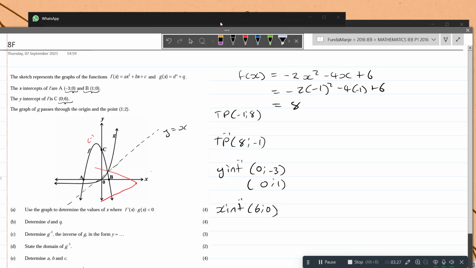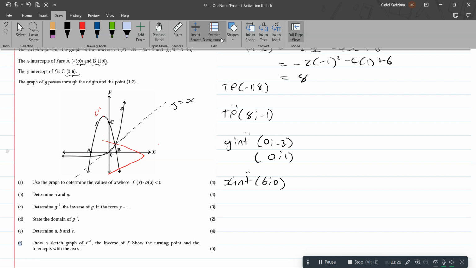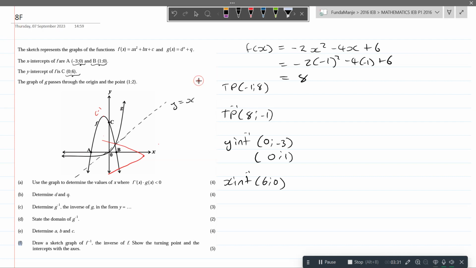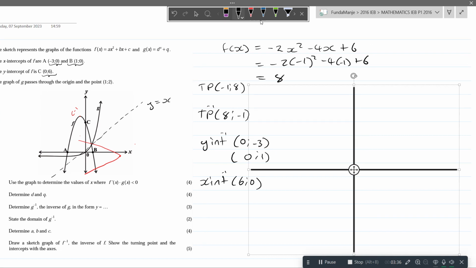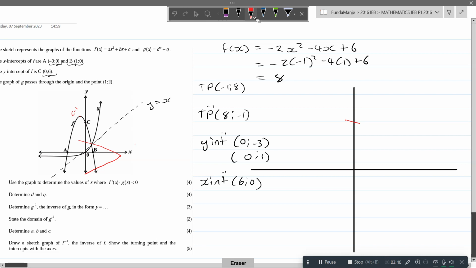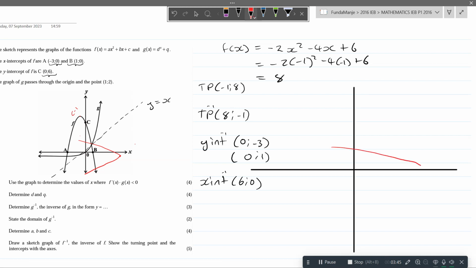We need a Cartesian plane, so something like this. And our graph would look something like this, where these two intercepts are (0, 1) and (0, -3).